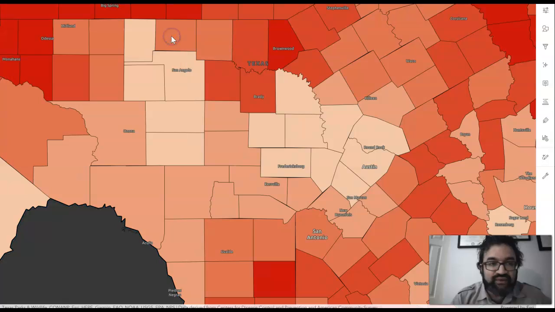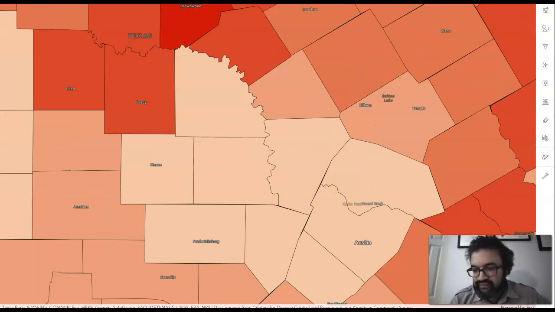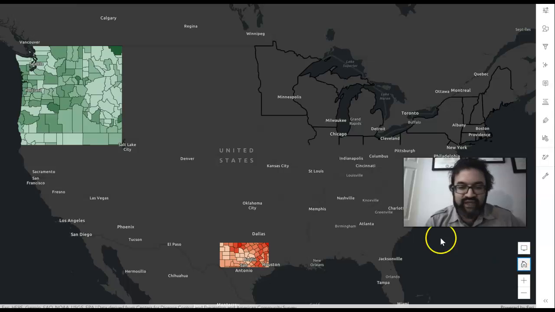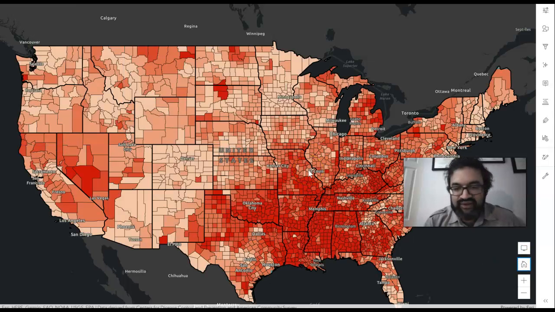If we zoom out now, we can adjust our view. Similarly, Buffalo was another area where a mass shooting took place recently, and that is also a higher area of cardiovascular disease.